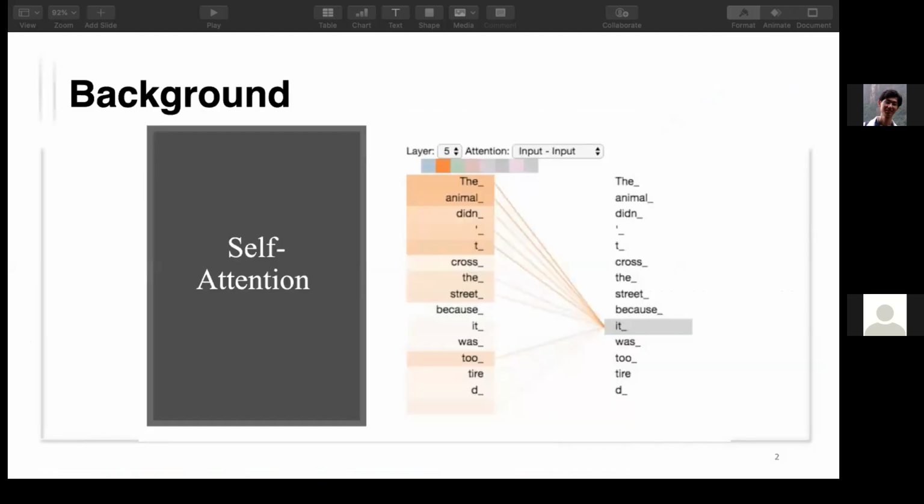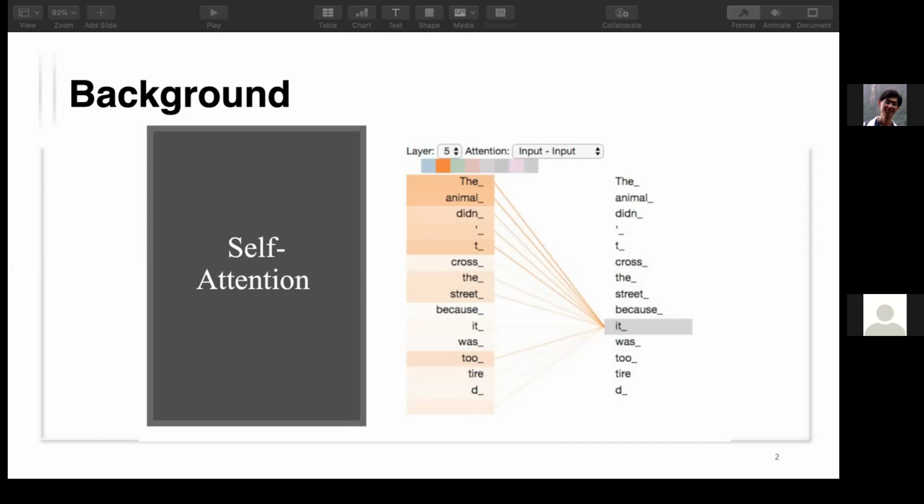And let me introduce the self-attention before we get into the paper. For example, if you have an input sentence as shown in the graph, the animal didn't cross the street because it was too tired, then the self-attention mechanism is used to let each word in this sentence attend to every word in this sentence.